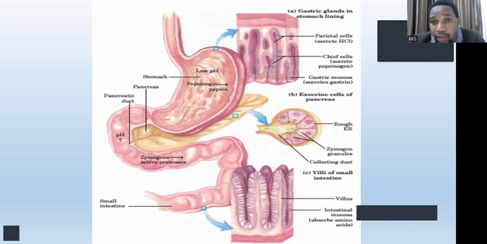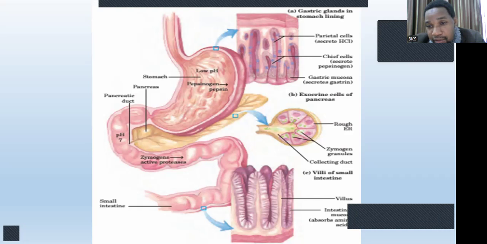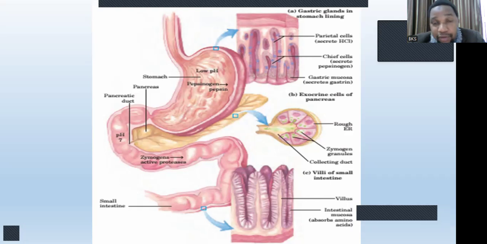This hormone will cause the parietal cells to secrete gastric acid, which is hydrochloric acid, and the chief cells to secrete pepsinogen. Pepsinogen is a zymogen, an inactive form of the enzyme.